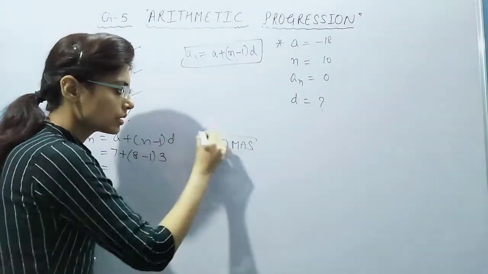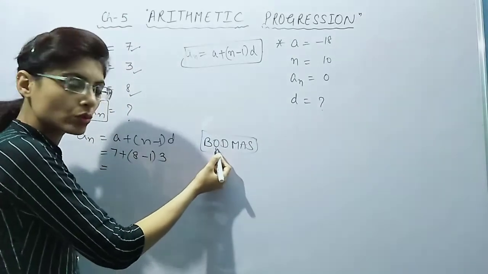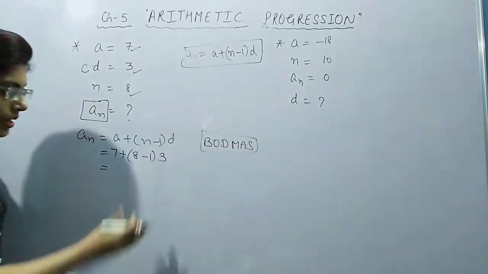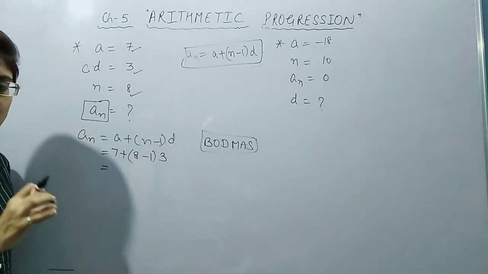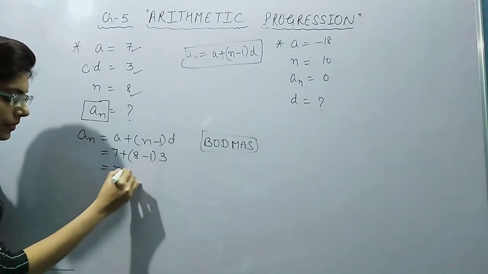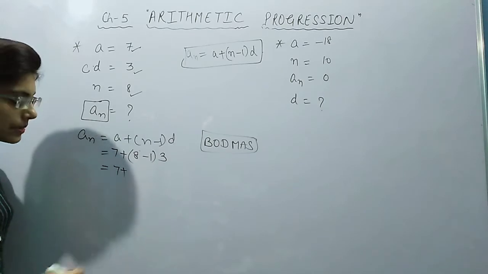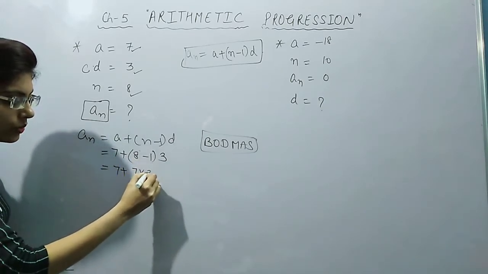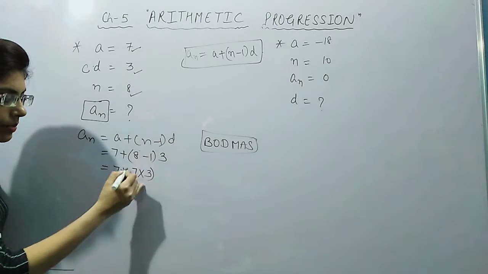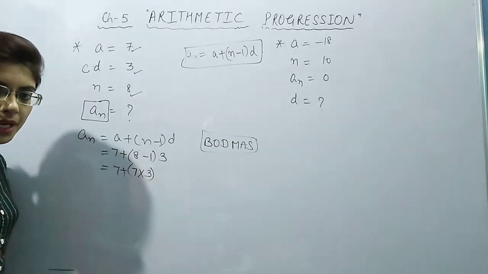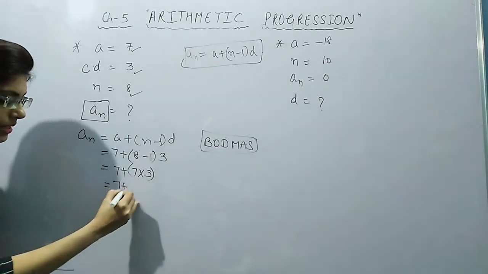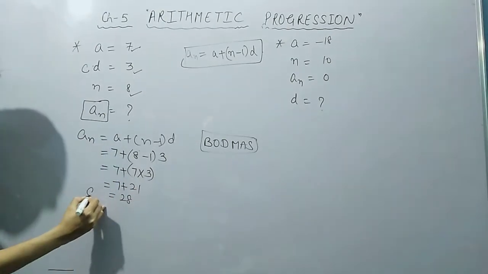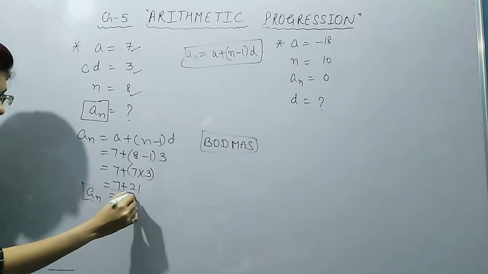BODMAS, that is bracket, division, multiplication, addition, subtraction. Here what is to be solved first? Bracket portion. So 7 plus, as it is, 8 minus 1, 7, into 3. The numbers which are being multiplied are always in bracket. 7 plus 7 threes is 21, that is 28. So our final answer is equal to 28.